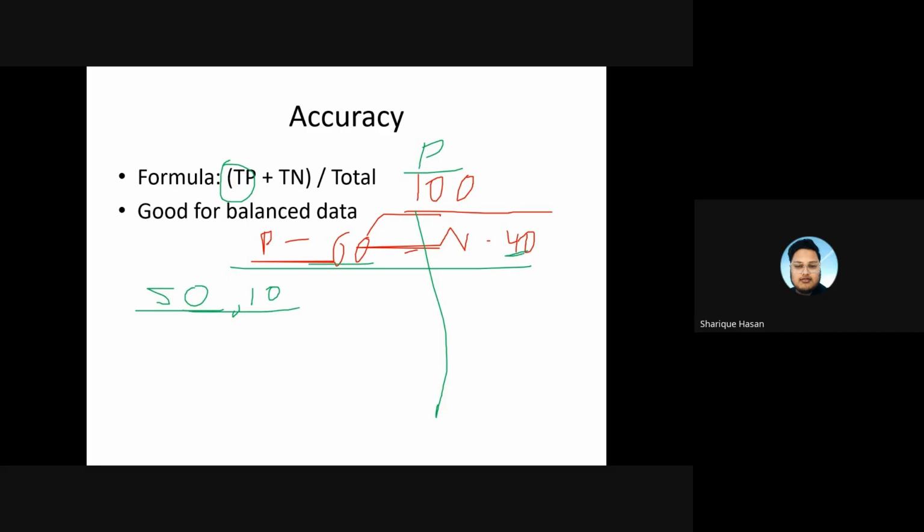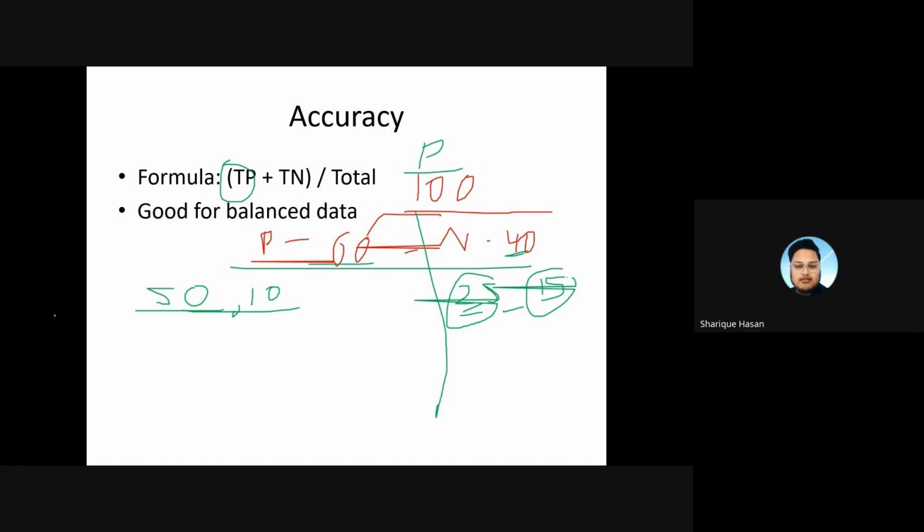Out of these 40, suppose 25 people don't have the disease and 15 people have the disease.